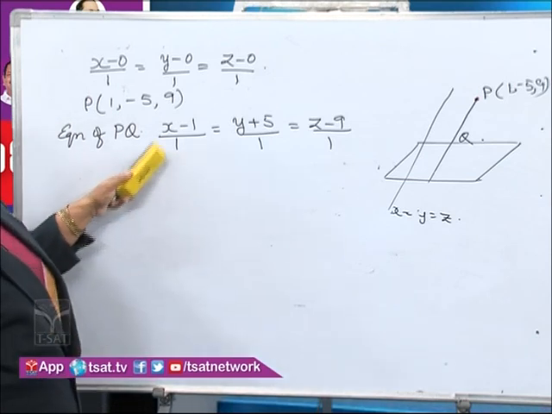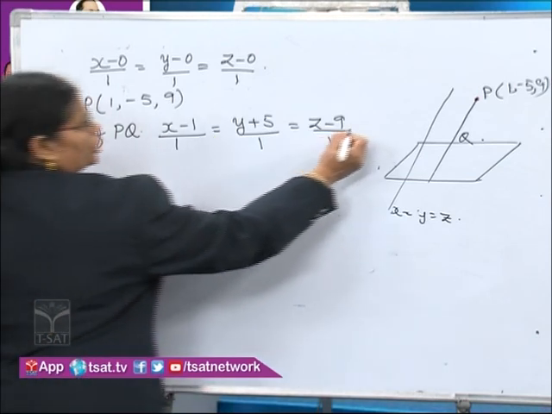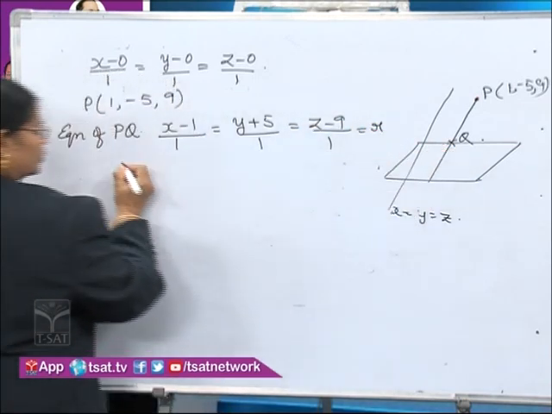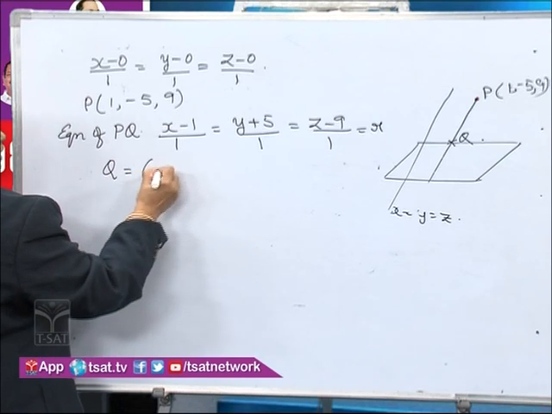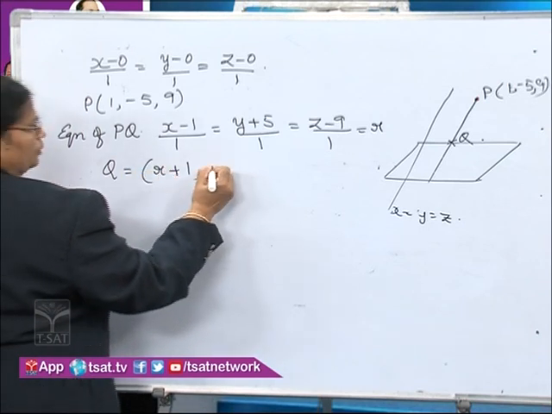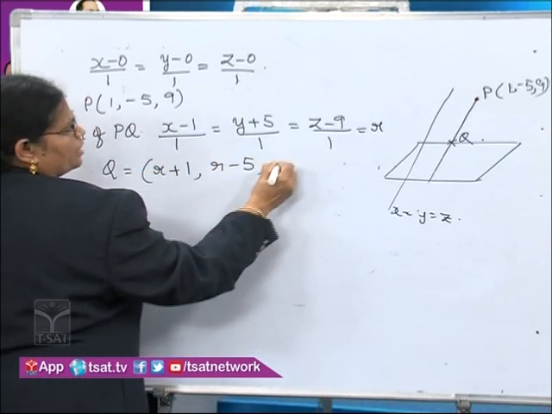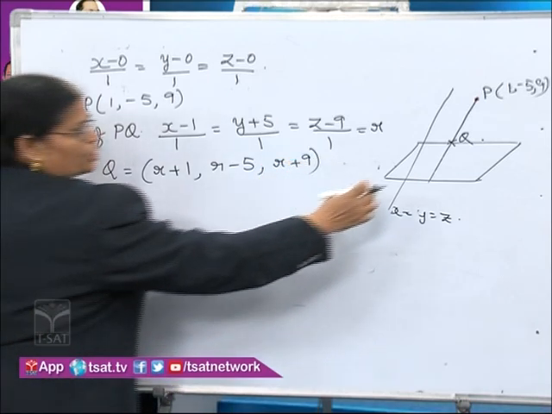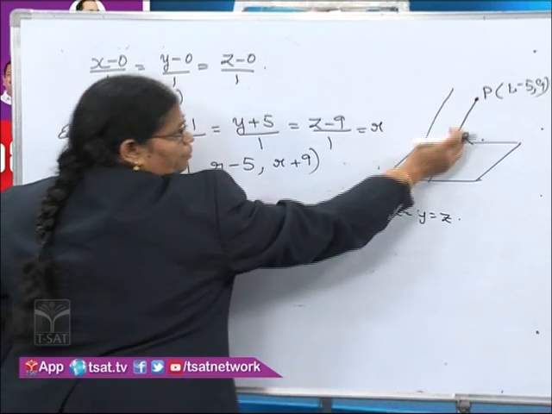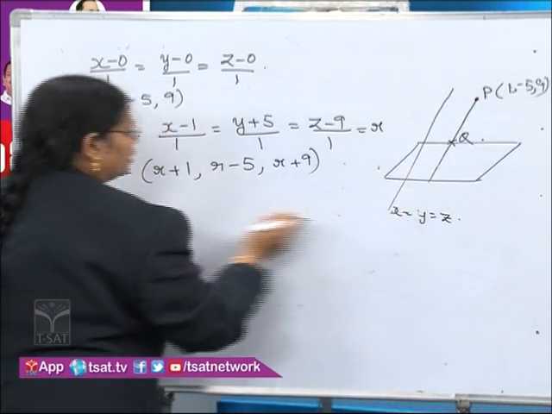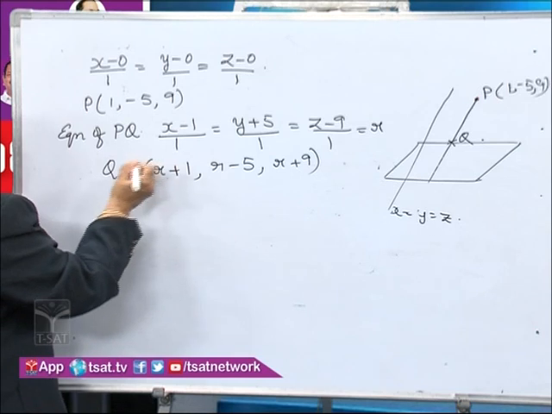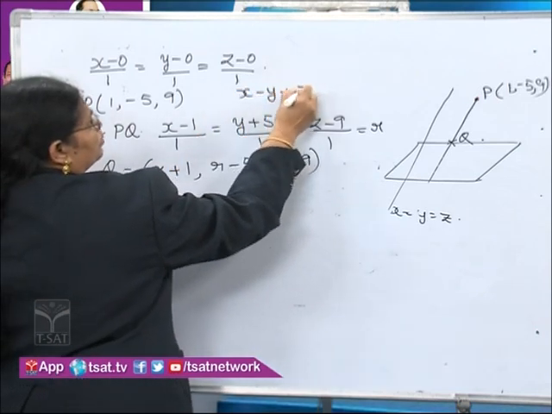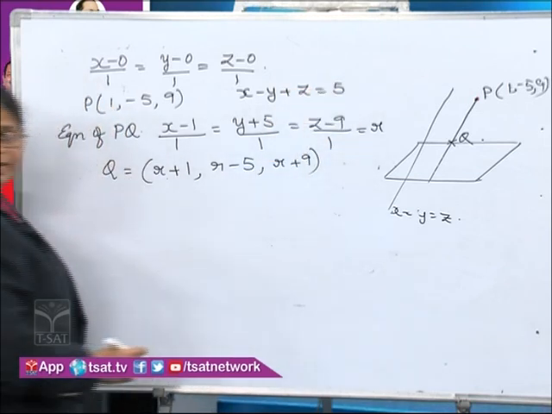Now this line, if you write any point on this line, let it be Q. So any point Q, we can write it as (r plus 1, r minus 5, r plus 9). This point lies on the plane. We want the distance from P to Q which is lying on the plane. So substitute this in the plane equation which is x minus y plus z equal to 5.